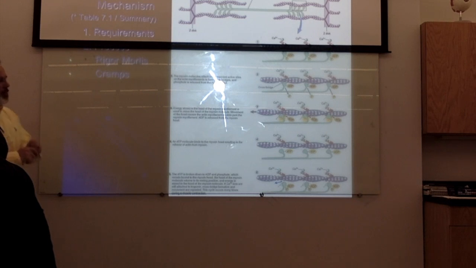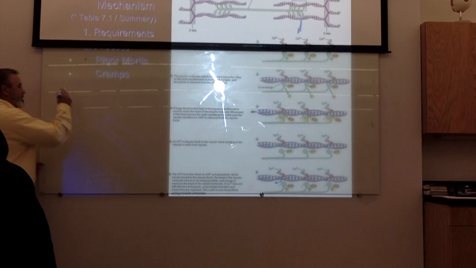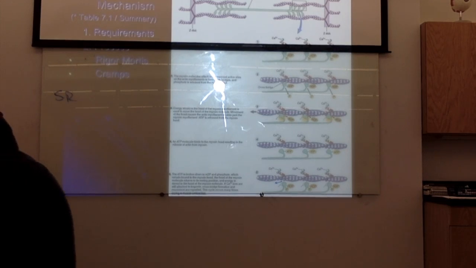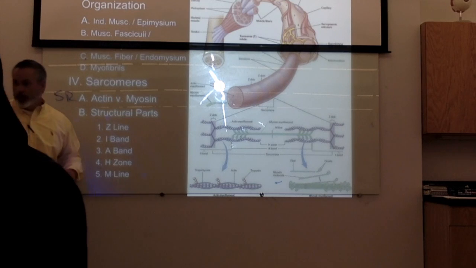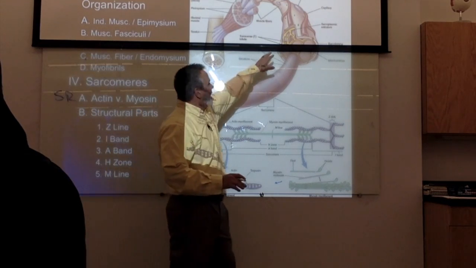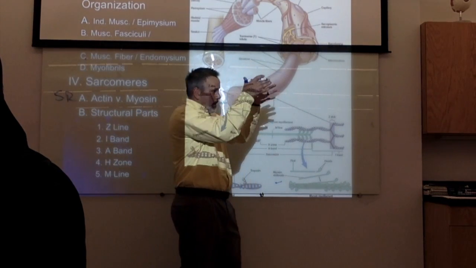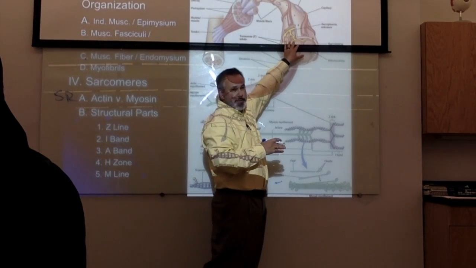I kind of mentioned it yesterday. There's this organelle in your muscle fibers called the SR. Does anybody remember what SR stands for? Sarcoplasmic reticulum. Going back, sarcoplasmic reticulum is that yellow lattice that encompasses the cylinder of the muscle fiber.